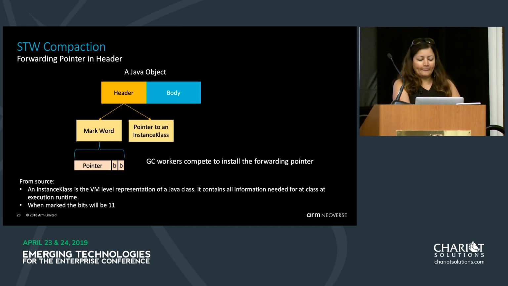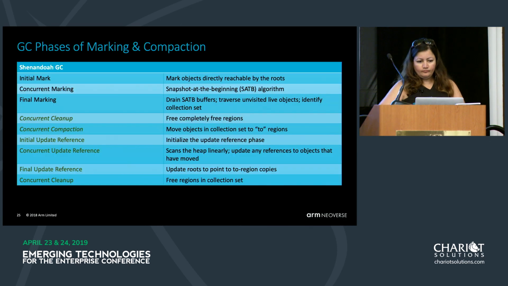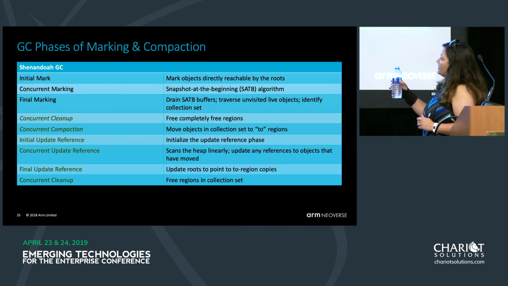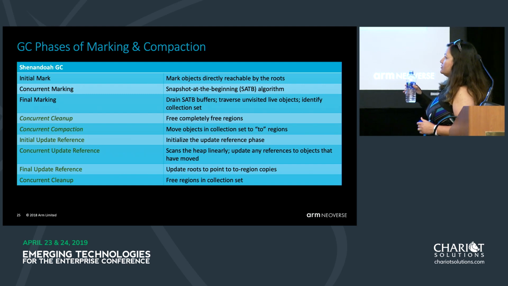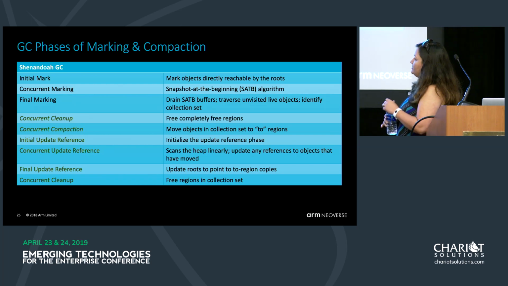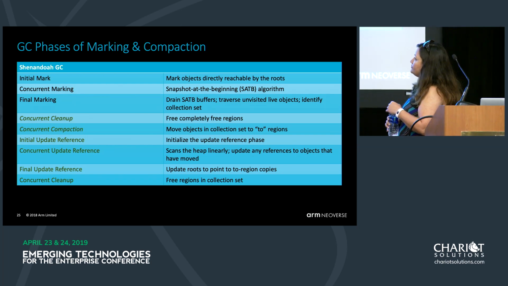Okay. So now let's go to Shenandoah. What I've done here is anything that has changed from stop the world to concurrent, I have italicized here, and then everything else, any new ones, is highlighted in brown.